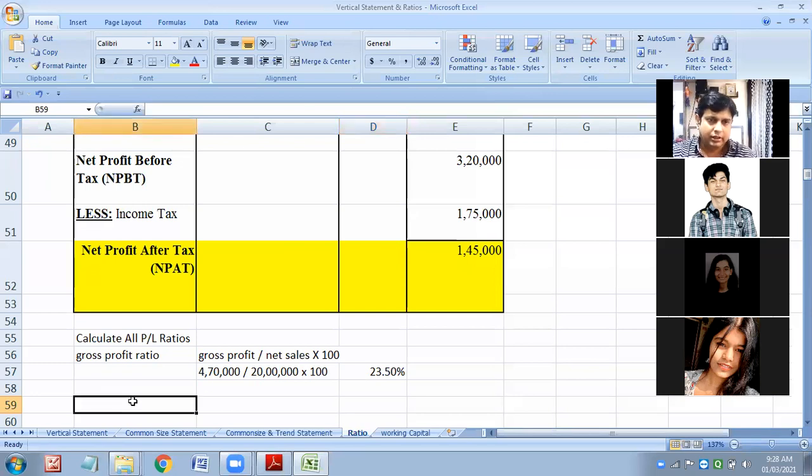Next is net profit ratio. You have rightly stated. I'm taking from you only. Other students should also be attentive like them. Net profit is divided into three categories. First one is operating net profit ratio.